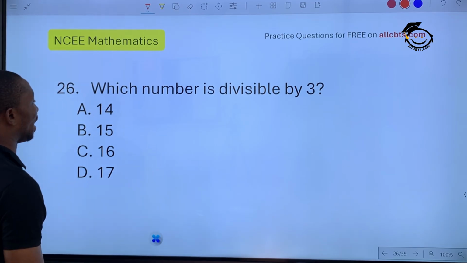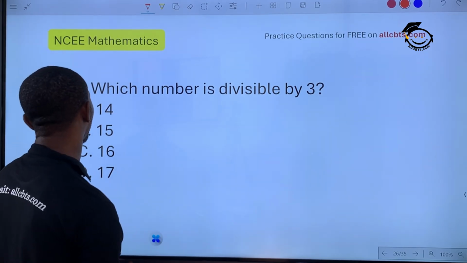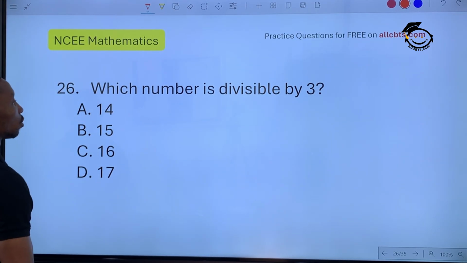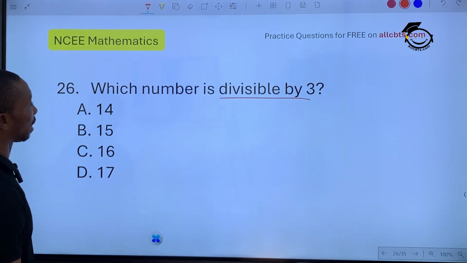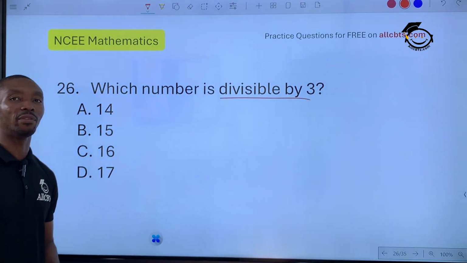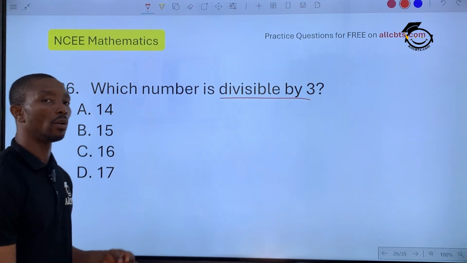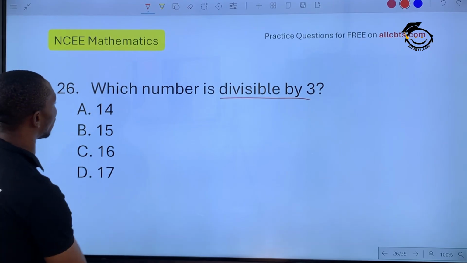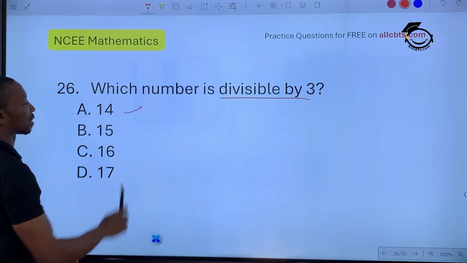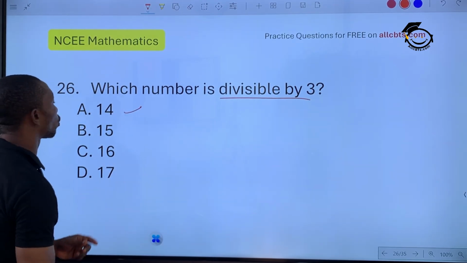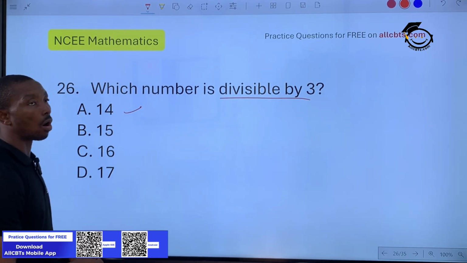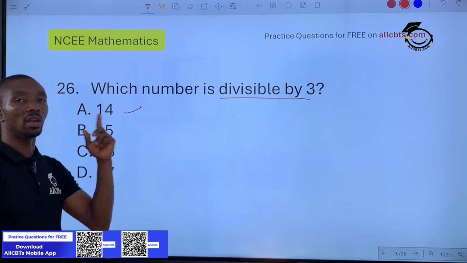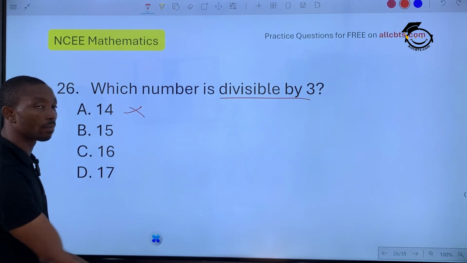Which number is divisible by 3? Okay, now when we talk about a number divisible by 3, we are looking at a number that 3 can divide without a remainder. So if you look at 14, 3 will go into 14, that is 3 times 4, 12, but we are still having a remainder, so 14 is off.